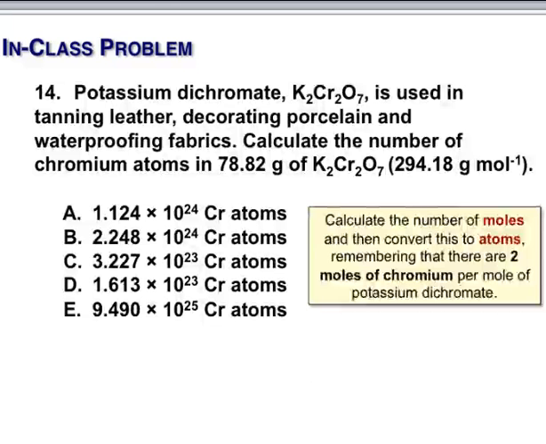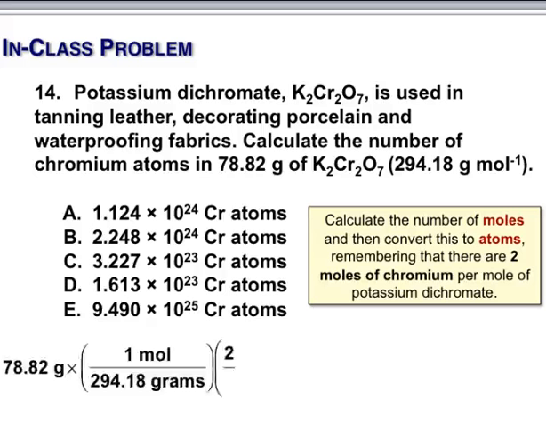Our ratios. We would calculate the number of moles. We would convert that to the number of atoms. And we would use our mole ratio here, 2 chromiums per potassium dichromate.